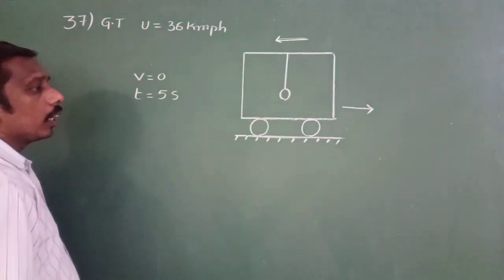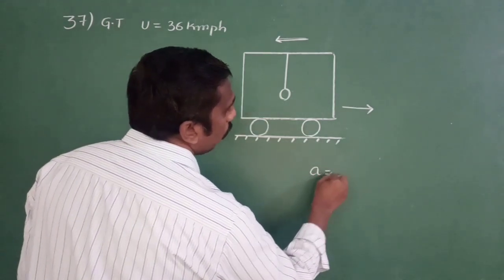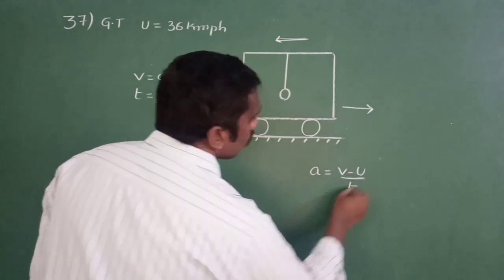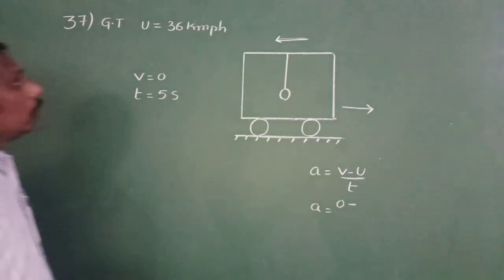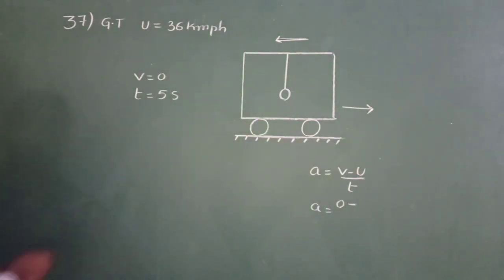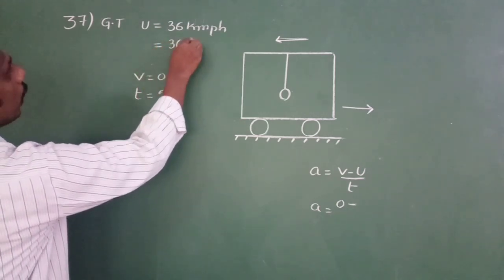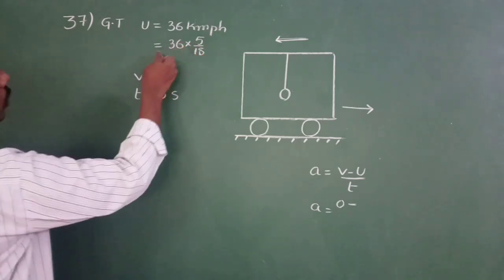First we have to calculate its acceleration. We know the acceleration formula: a is equal to (v minus u) by t. So a is equal to 0 minus u. The u value is given in kilometers per hour. To convert to meters per second, we multiply by 5 by 18. 18 twos are 36.